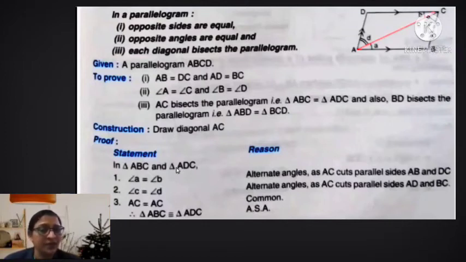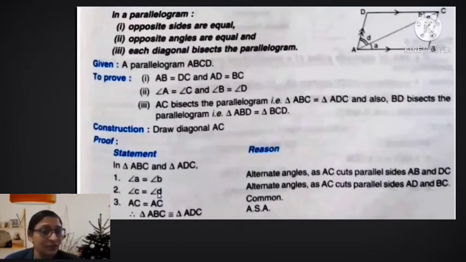In triangles ABC and ADC, angle A is equal to angle B, since they are alternate angles formed due to the transversal AC, which is a diagonal.